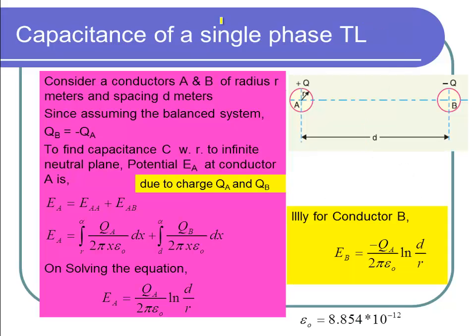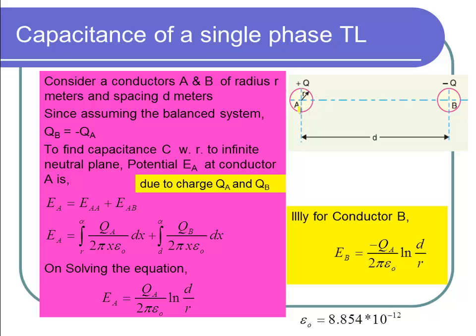Now we will go for capacitance calculation for single phase transmission line. As I said, there are many similarities with inductance; here also the capacitance derivation will be similar, so we need not explain too much, and I will go directly. Consider again the same single phase single circuit line.